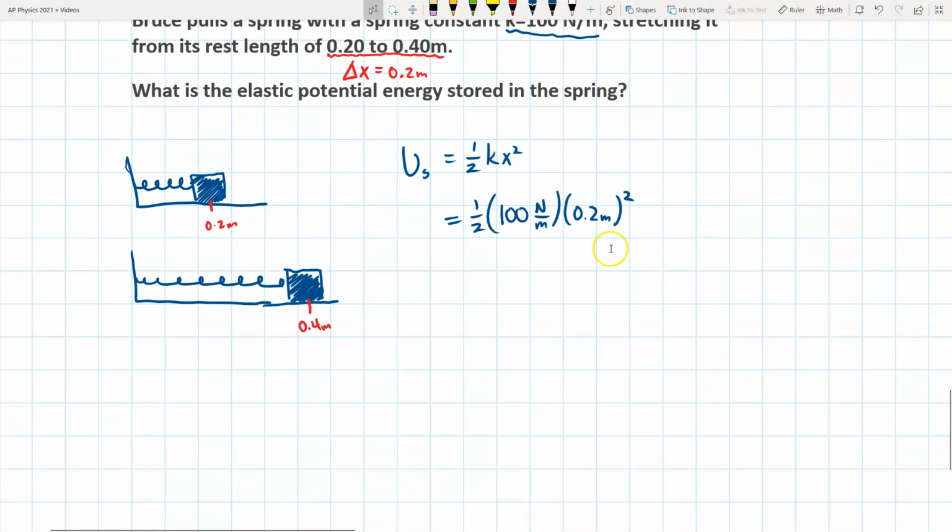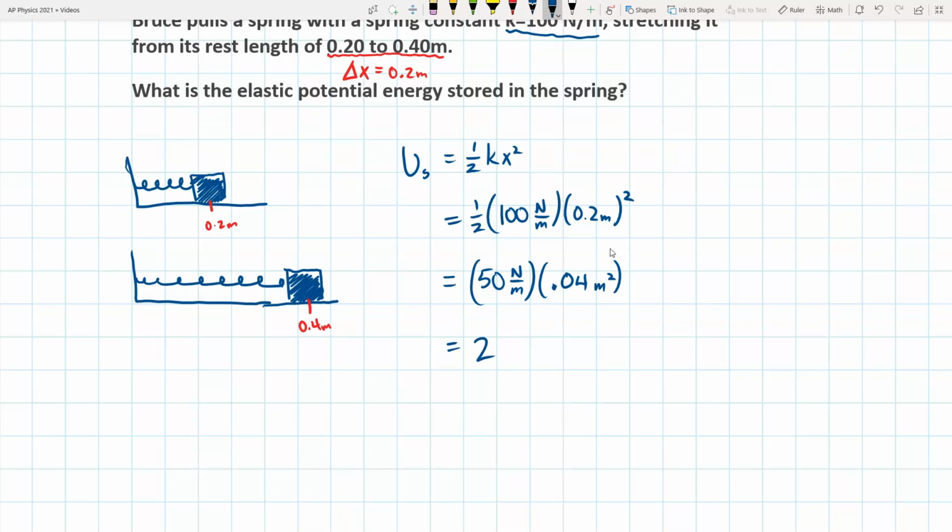And now I just need to kind of simplify it. So 100 times 1/2 is 50. So that would be 50 newtons over meters. And this would be .04? I always forget, 0.2 squared is 0.04 meters squared. Okay. So 50 times 0.04 is 2.